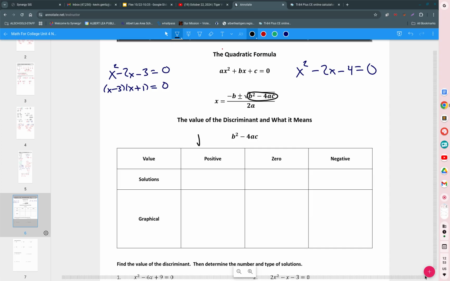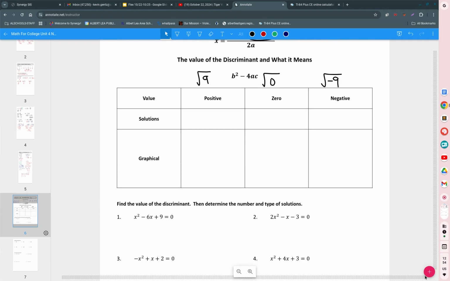Suppose you have the square root of 9, and suppose you have the square root of 0, and suppose you have the square root of negative 9, okay? If you have the square root of 9, what number can you multiply by itself to get 9? 3, or negative 3.